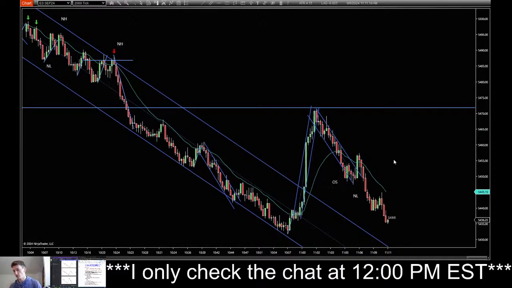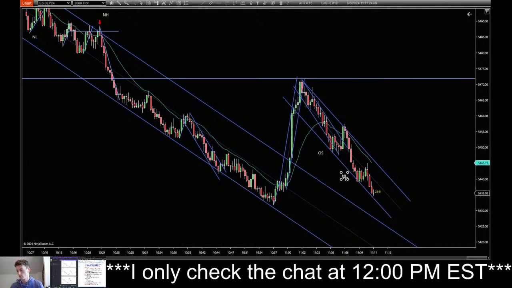Looks like we might have a larger downtrend. We're getting really close to this. Break a new low here.